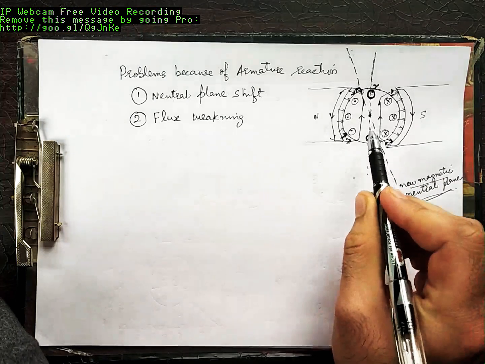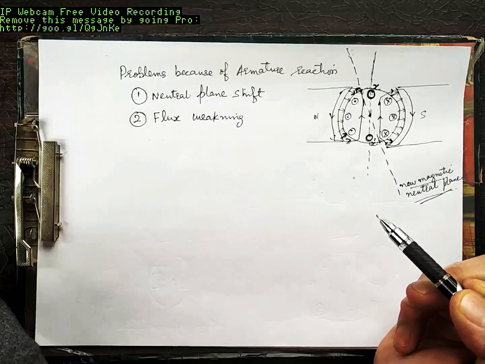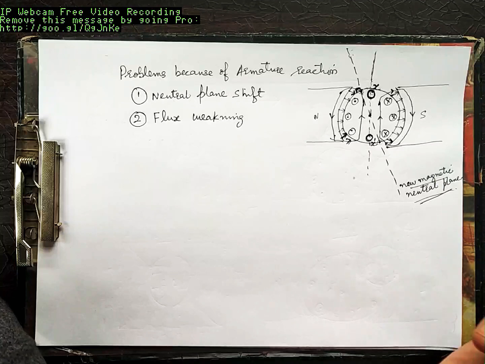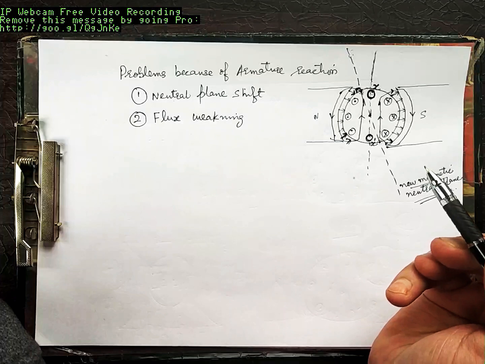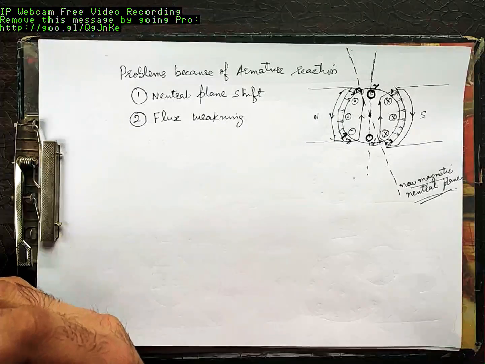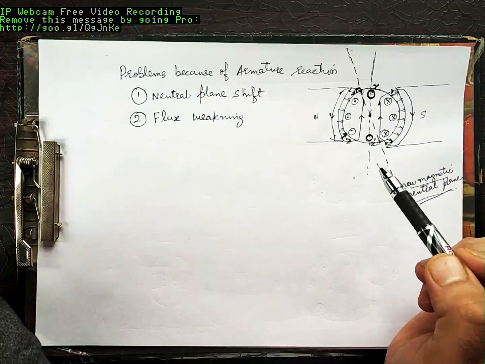And current drawn from the DC generator will not be constant all the time. It will be less sometimes, it will be more sometimes, it will be the rated current, half the rated current, a quarter of the rated current, three quarters of the rated current. It can have any value from 0 to rating. So you cannot adjust the brushes to keep them at a particular position.